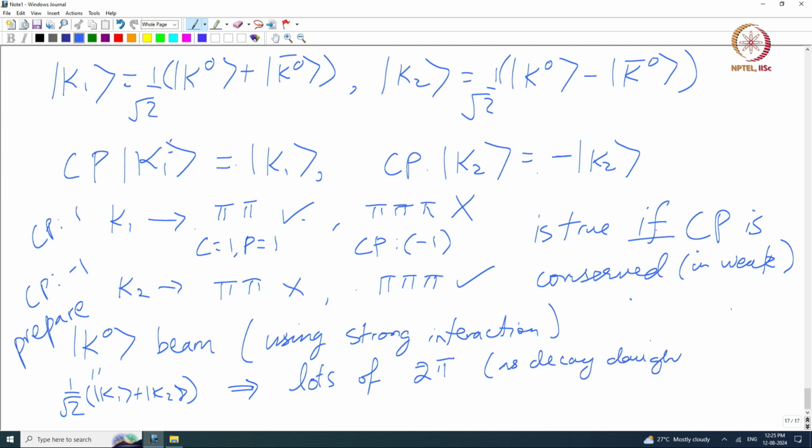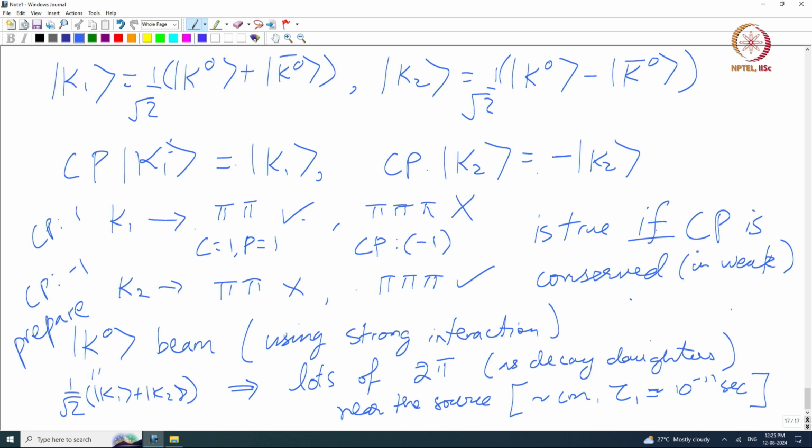The K0 would decay to a lot of 2 pi near the source of the beam. How near? Like a centimeter from the source, because the lifetime of this decay in particular is very small, 10 power minus 11 seconds, and then if you multiply this with roughly the speed of light you get a centimeter.